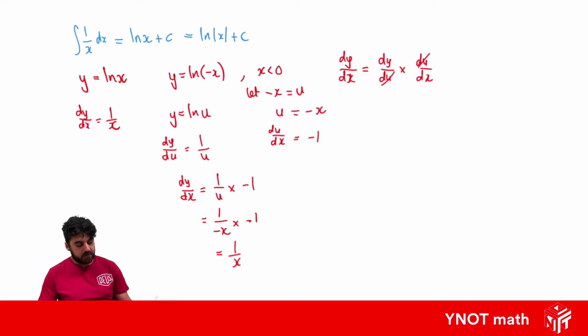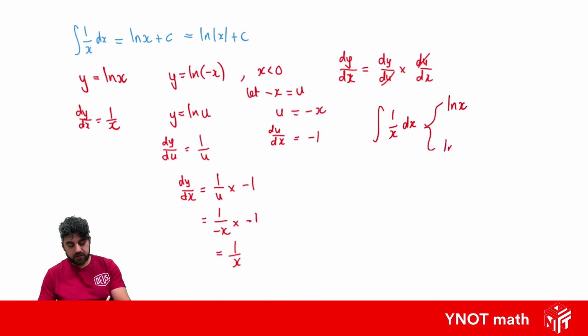So what this means is that if we have the integral of 1 over x dx, we actually don't know if it was equal to ln of x or the ln of minus x, because it equals the ln of x as long as x is greater than 0. Sorry, this should be a minus x.